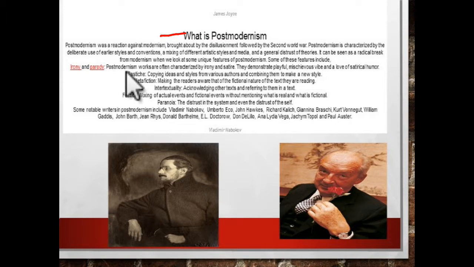Postmodernism is characterized by the deliberate use of earlier styles and conventions, mixing of different artistic styles and media, and a general distrust of theories. It can be seen as a radical break from modernism. Some unique features of postmodernism include irony and parody.